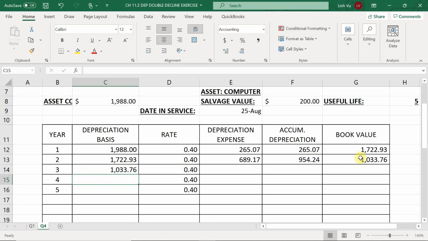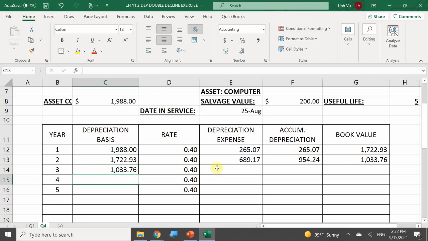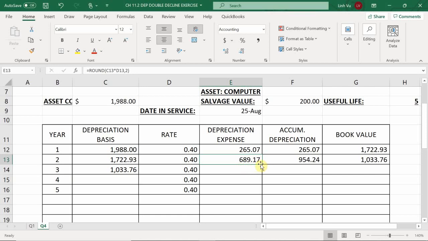So in this case, what is going to be my depreciation expense for year 3? 137.83. No, I keep getting that wrong. 413.50.